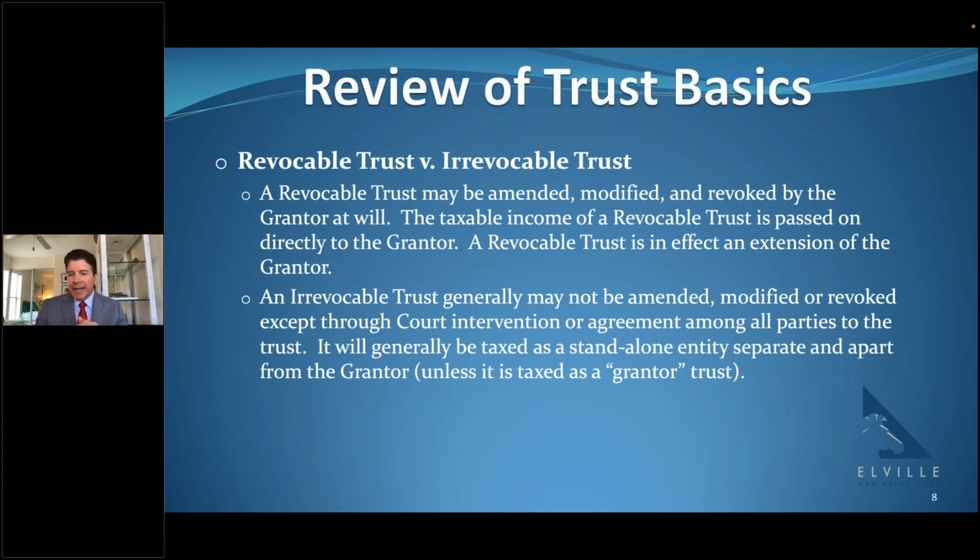So these trusts are either going to be taxed as grantor trusts, just like a revocable trust. The trust is ignored and the grantor pays the income tax. That's a grantor trust. And a non-grantor trust, a good example of that would be I pass away and leave a trust for my child. That is going to be a non-grantor trust, an irrevocable trust at my death. These trusts generally have a tax ID number, but it does not matter whether they have a tax ID number or not. They are still going to be considered taxable to the grantor if it is a grantor trust.